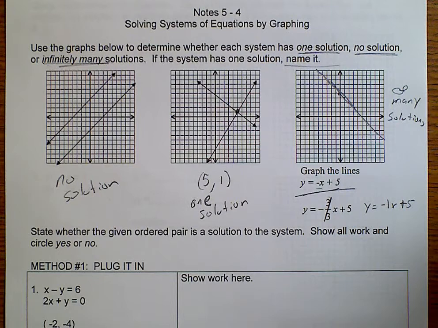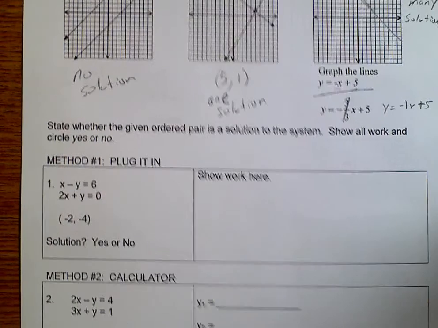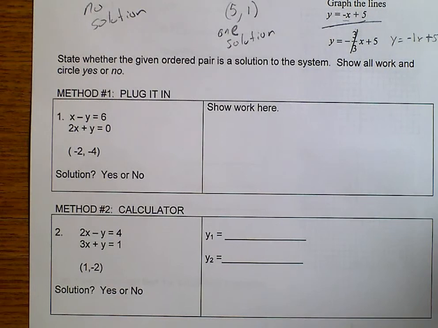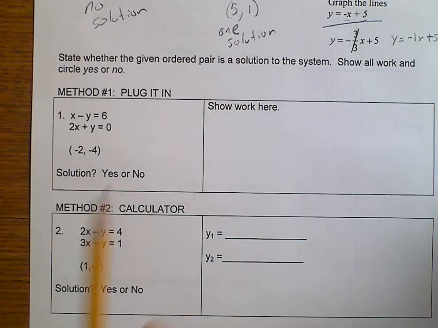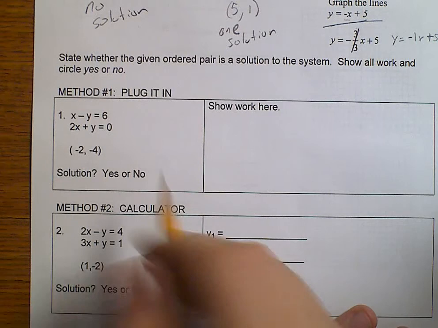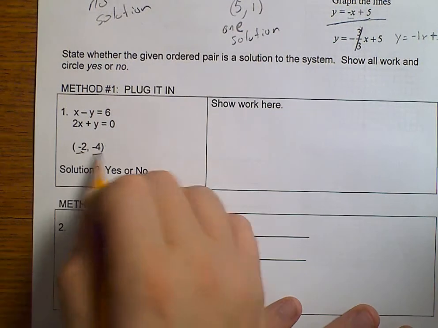Now, that's if they're already graphed, we can solve them. Also, if it's multiple choice, we can check to say, hey, is this a solution? Or let's say I've gotten an answer and I want to double check it. We're going to show how to do that by plugging it in. Well, that's x and that's y.